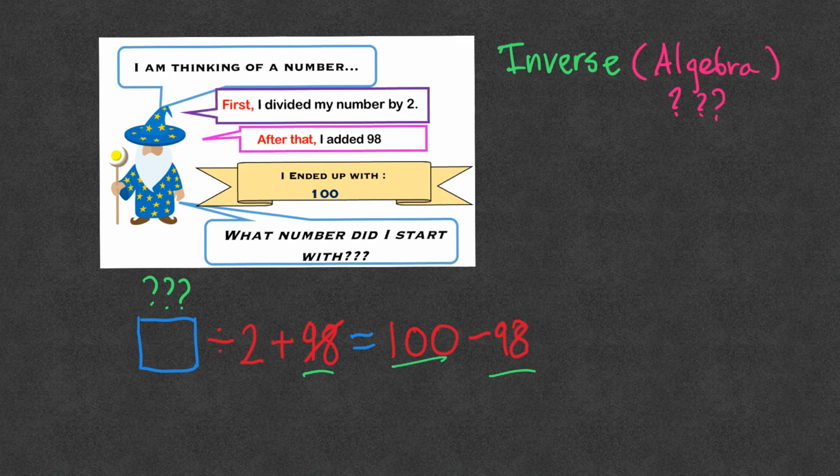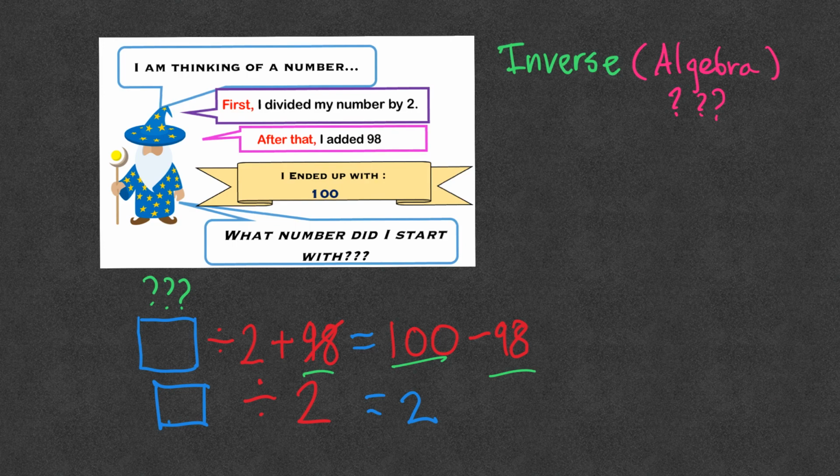So 100 take away 98 will leave me with 2. So 2 is the same as my missing number divided by 2. So you see here, that's how I've used the inverse, because I've added, I had to subtract.